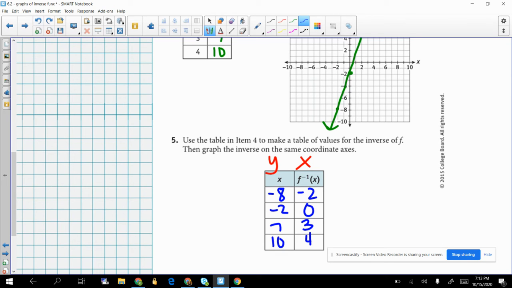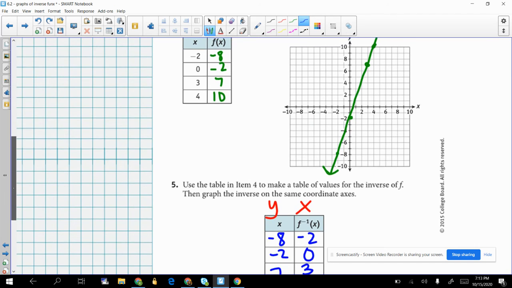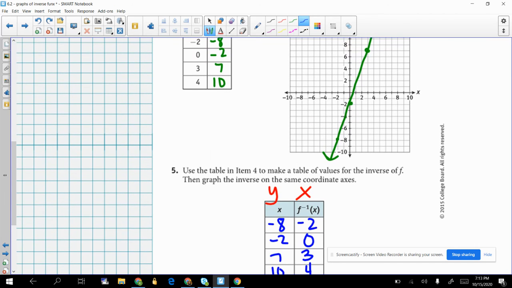And then we could go ahead and plot those points. So negative 8, negative 2, negative 2, 0, 7, 3, and 10, 4.